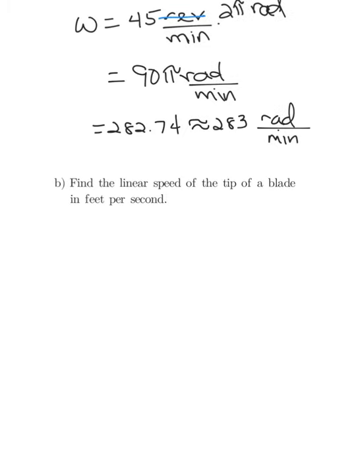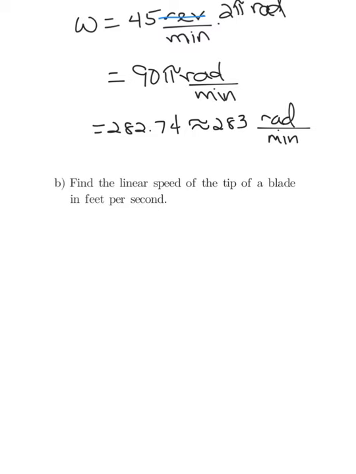Part B of this problem says find the linear speed of a tip of a blade in feet per second. So if you just think about the single point that's on the tip of a blade, how fast is it making a circle in feet per second?